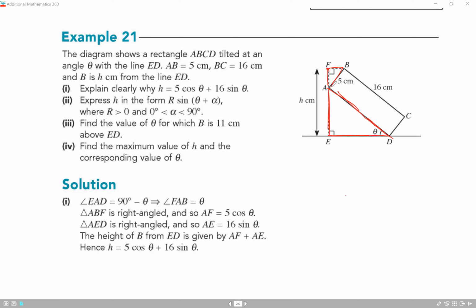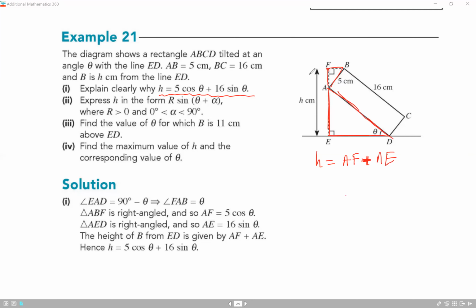Okay, so based on this triangle, you should be able to come up with this. H is equal to 5 cos theta and 16 sine theta. So basically, they want you to find H, which is actually equal to AF, equal to AE plus AE.